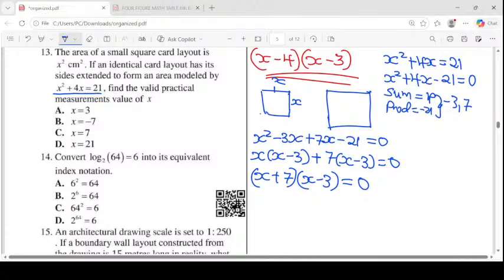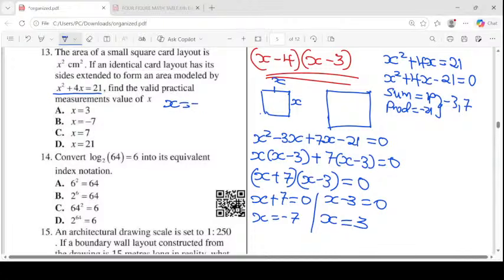In the first case, x plus 7 is equal to 0, which means x will be equivalent to negative 7. In the next case, I'll have x minus 3 is equal to 0. When negative 3 crosses over, I'll have x being equivalent to 3. So I have two values of x: x is equivalent to negative 7 or 3.